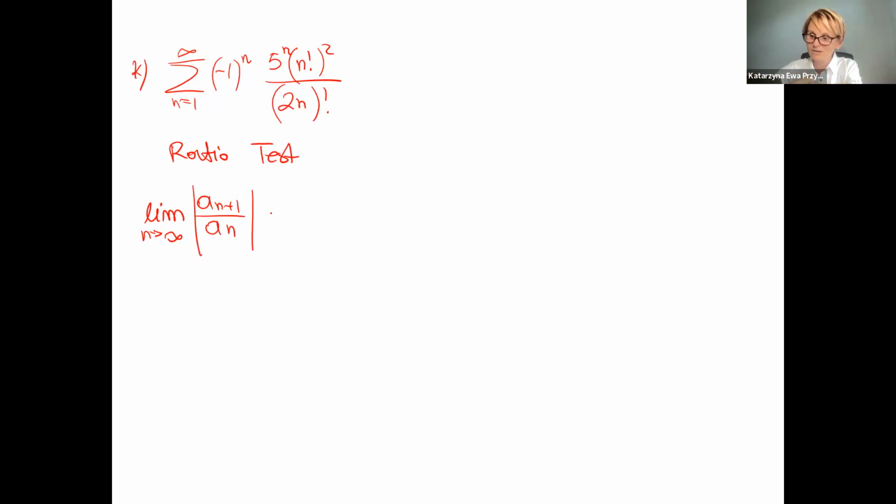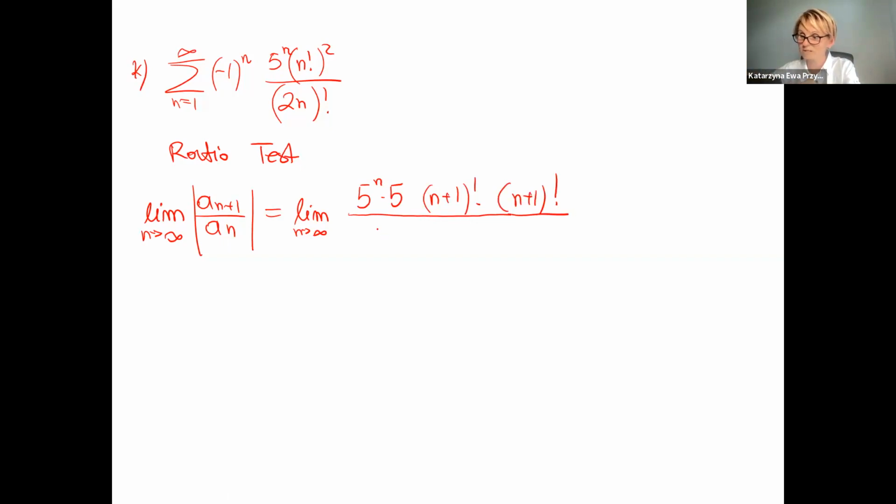A sub n plus 1 over a sub n, limit at infinity, and let's check. Negative 1 is gone because of the absolute value. Now let me expand. 5 to the power of n plus 1 will be this. n plus 1 factorial, and another one because it's squared.